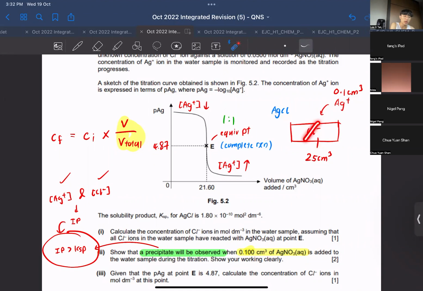Since there's no more Cl minus, any further addition of Ag plus is just going to end up swimming inside the solution. So the concentration of Ag plus increases very sharply, very quickly. That's why the pAg drops very sharply as well, because at this point, all of it has probably precipitated already.